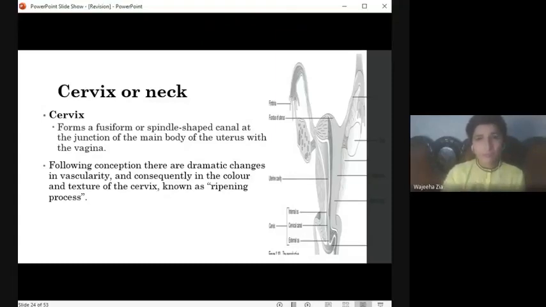So mostly gynecologists examine the cervix and confirm the pregnancy. It remains the same, ripened, until the birth. At the time of birth, again it becomes thin, and it allows the opening and the passage of the fetal head.